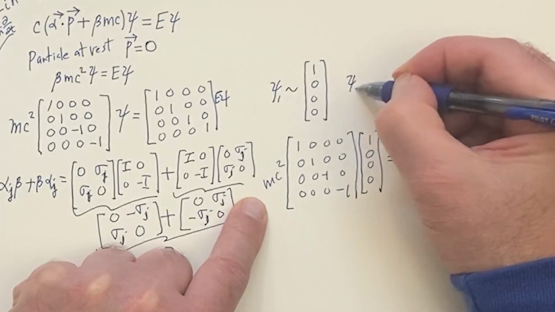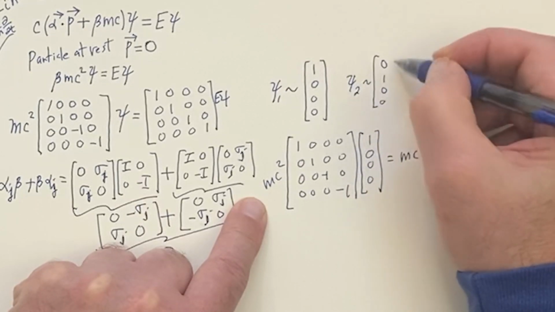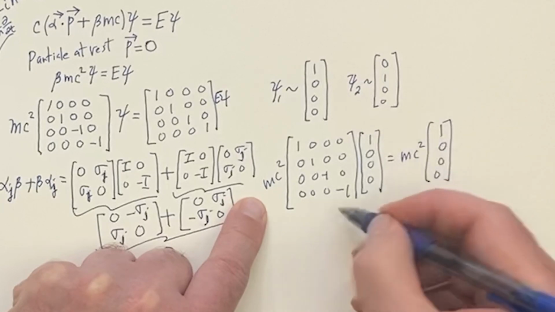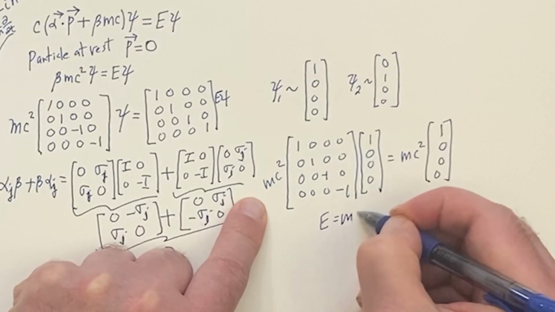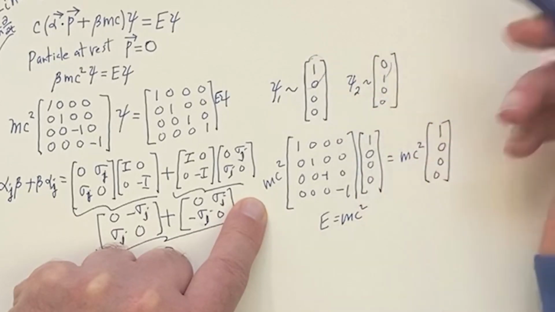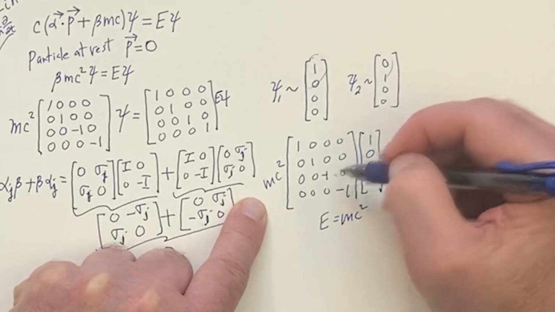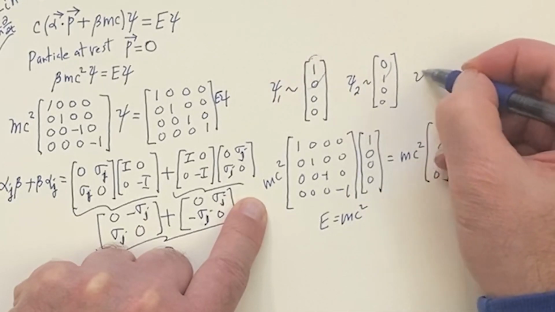So if we take, for the next one, we have 2 states where the energy is mc squared. Look at that, spin up and spin down. Then we have 2 more solutions, that's the antimatter with the negative cases.